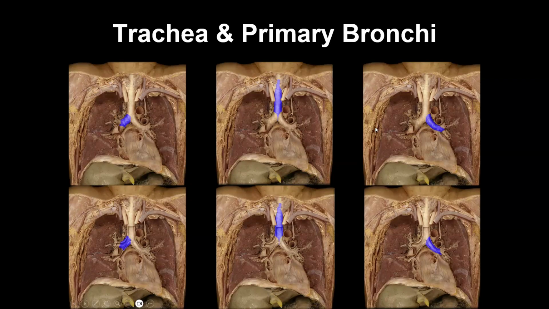On the right side, we have more room; you don't have that big, thick heart in the way. So you have an asymmetry, with more lobes and more lung matter on the right side than on the left. Again, here's your right and left primary bronchi. The left one diverts first, then the right one. Just a little bit different right here.